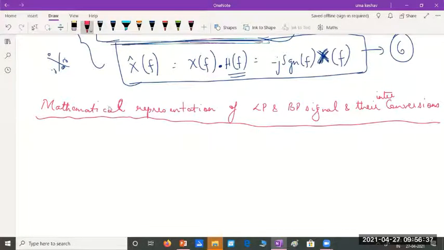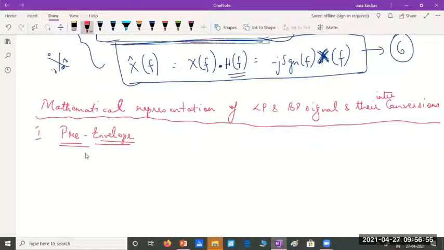For this, we need one fundamental mathematical concept. The first concept which you need for this is called the pre-envelope of a signal. Let me just define what this pre-envelope is, and after that I'll stop.